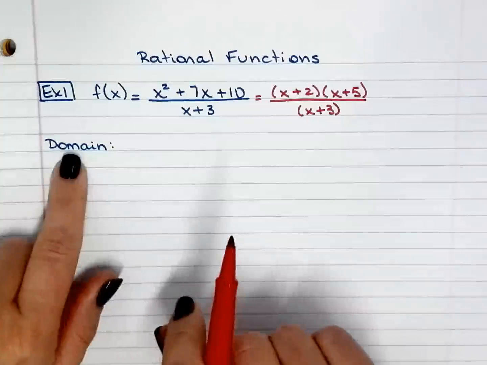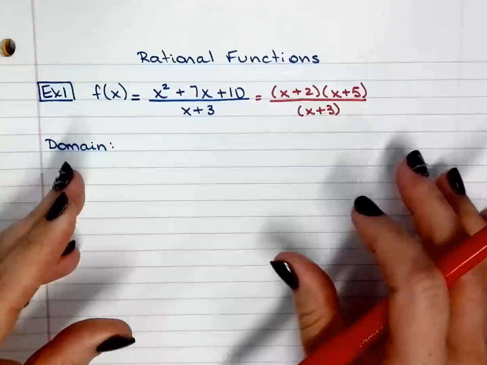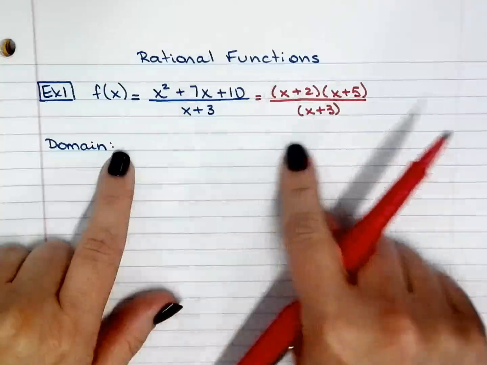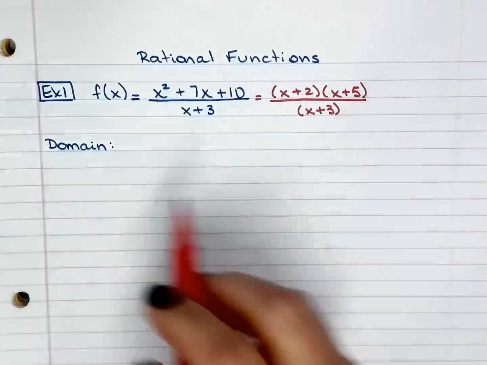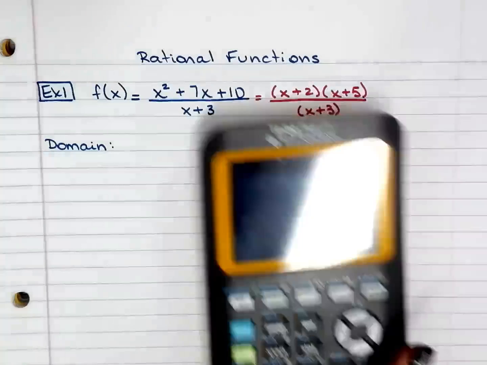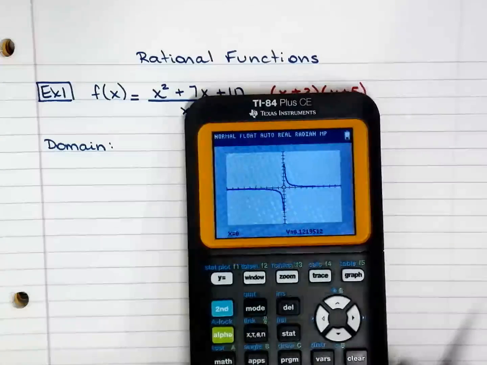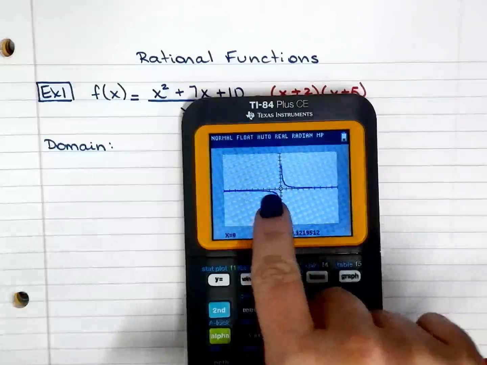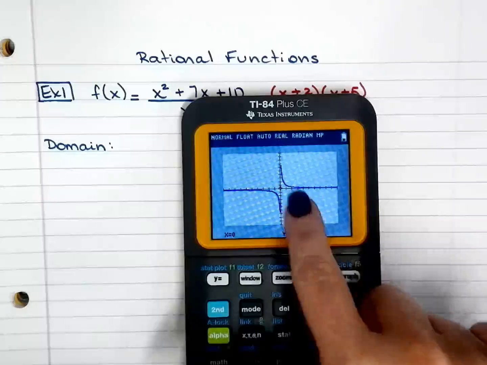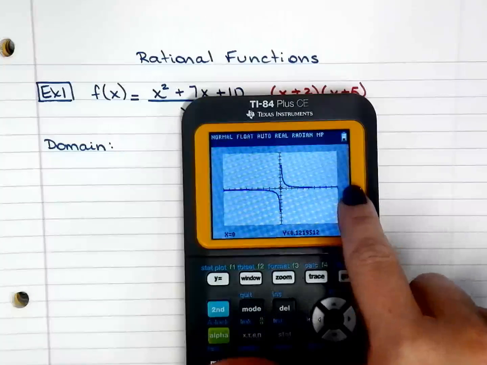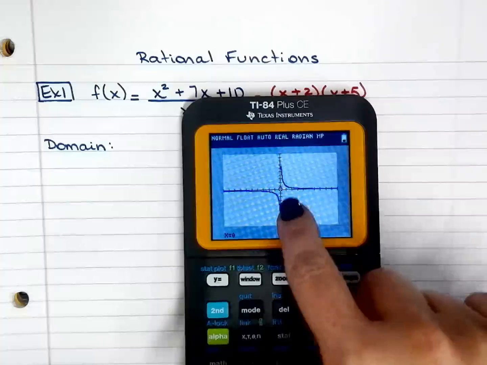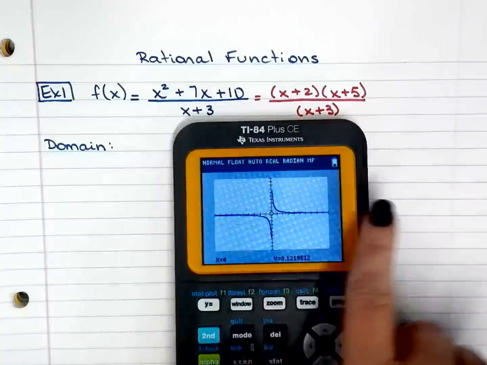Okay, so going back to domain: it is all real numbers that my function will give me for the x values. If I put this in the graph, I can see that the graph goes on forever over to the negative infinity side, and forever on the positive infinity side. But then there's something right there in the middle that I don't know what it is, and that's what we need to find out first.